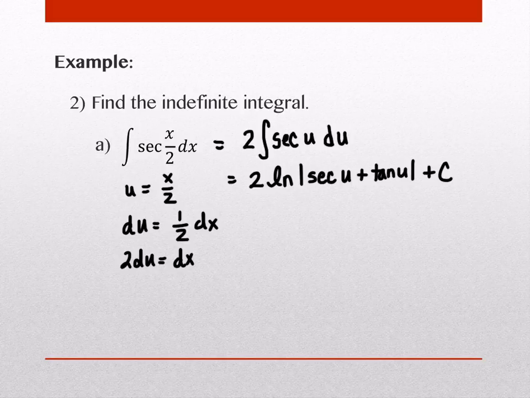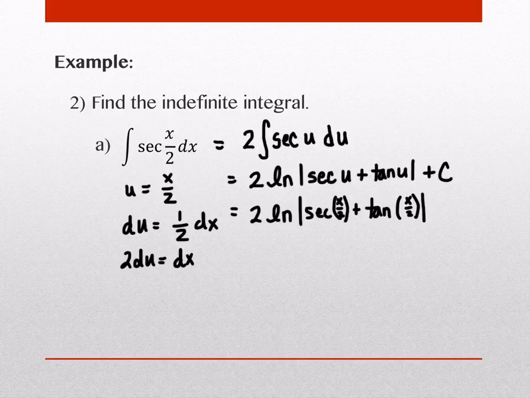And then the last step's to do what? Yeah, plug in u as the x over 2. So this is 2 natural log of secant of x over 2 plus tangent of x over 2 plus c.